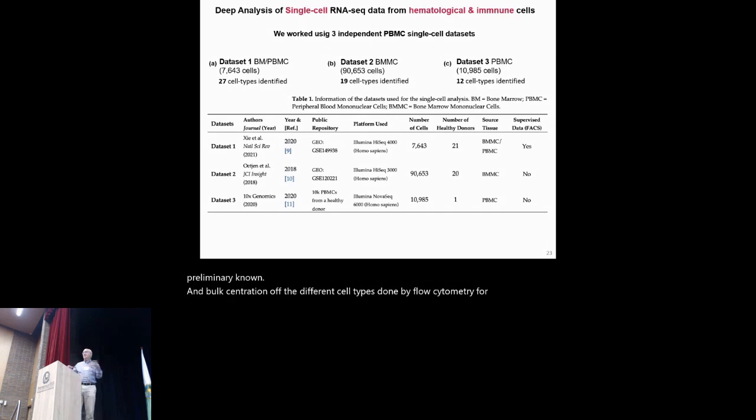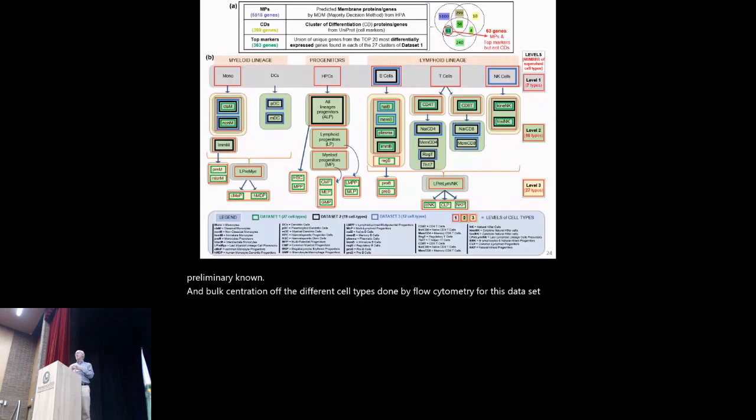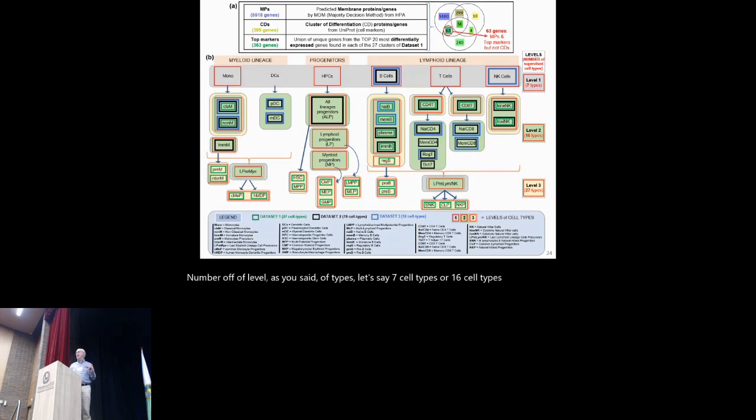So again, the first question when we go into this analysis is at what level of granularity we want to do the analysis, and this is a table that we prepared, because we can do the analysis of these three single cell data sets at three levels, considering the number of cell types, let's say 7 cell types, or 16 cell types, or 27 cell types.